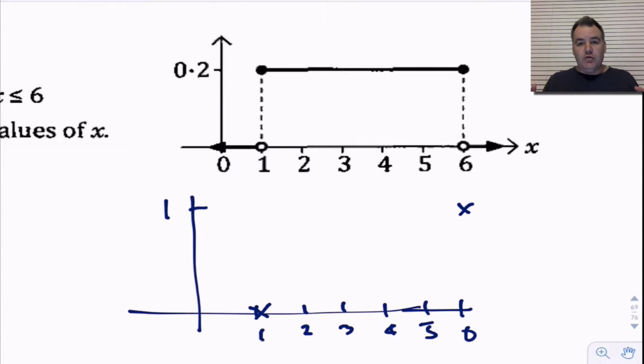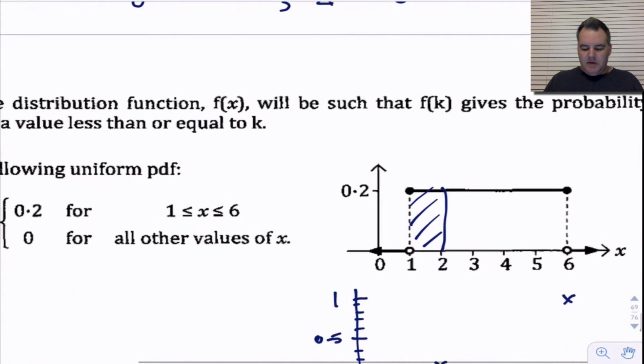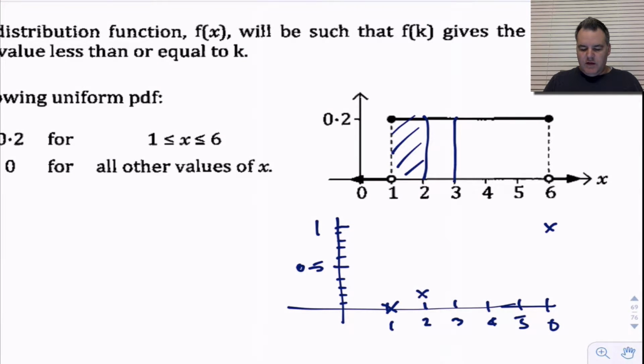Okay, so like I said, at 2, what's the probability for the cumulative function that we're less than or equal to 2? That is the area between 2 and 1. So that is going to be 0.2. What's the probability that we're less than or equal to 3?